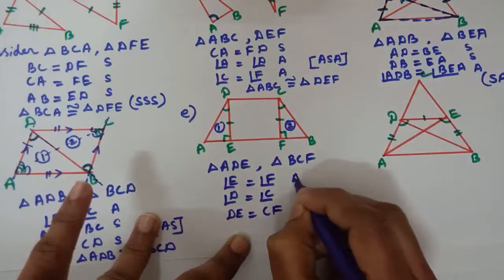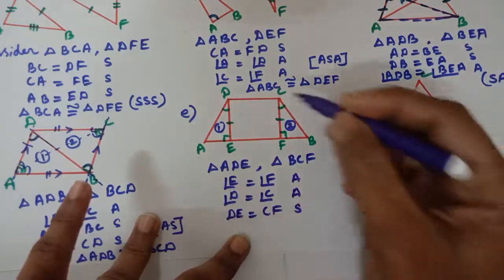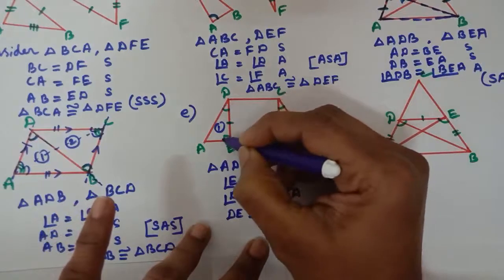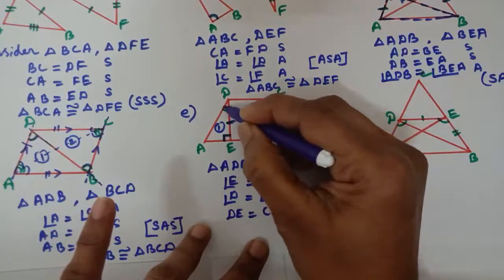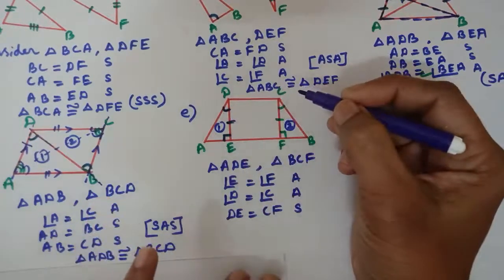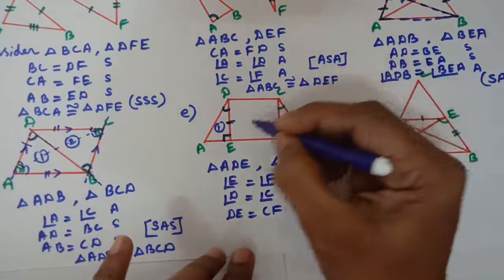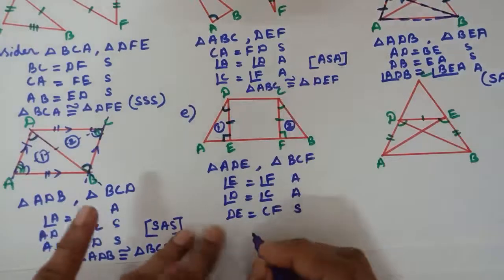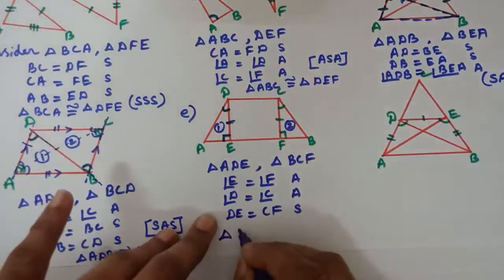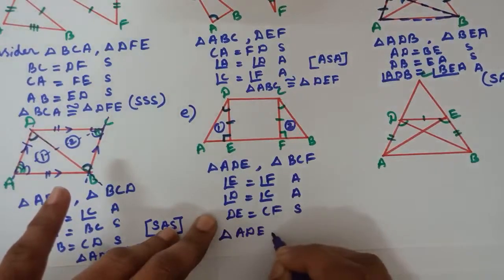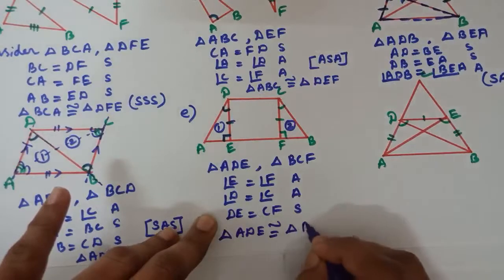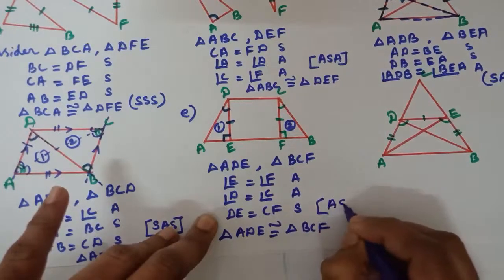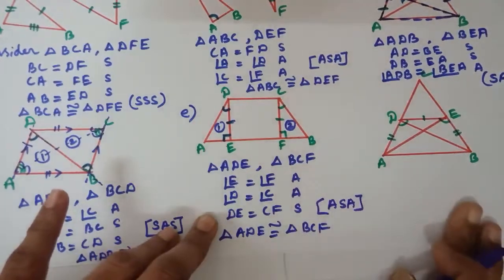So angle, side, angle. Just look at this figure. So here we are using which rule? ASA. Very good. ASA congruence rule. So ADE is congruent to triangle BCF by using which congruence rule? ASA congruence rule. Is it clear, students?